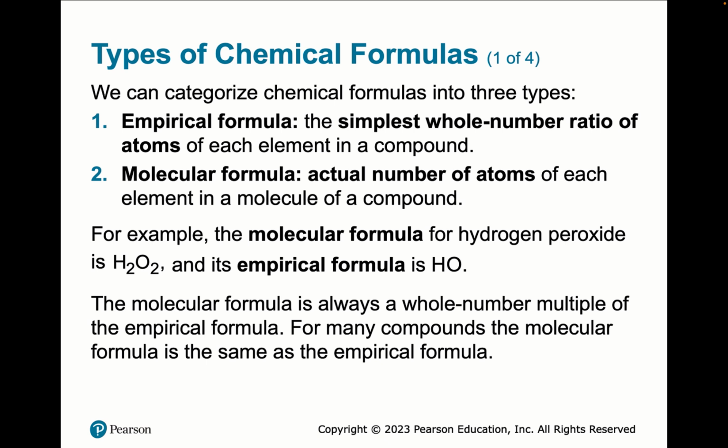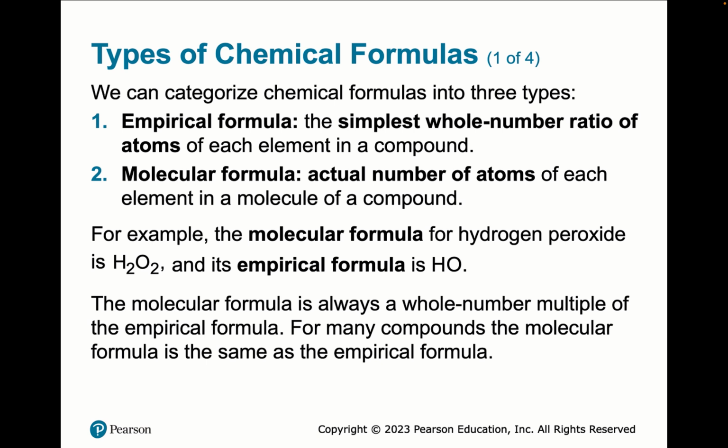So we can have 3 different types of chemical formulas. An empirical formula is a simple whole number ratio of the atoms of each element. Most formulas are empirical formulas.